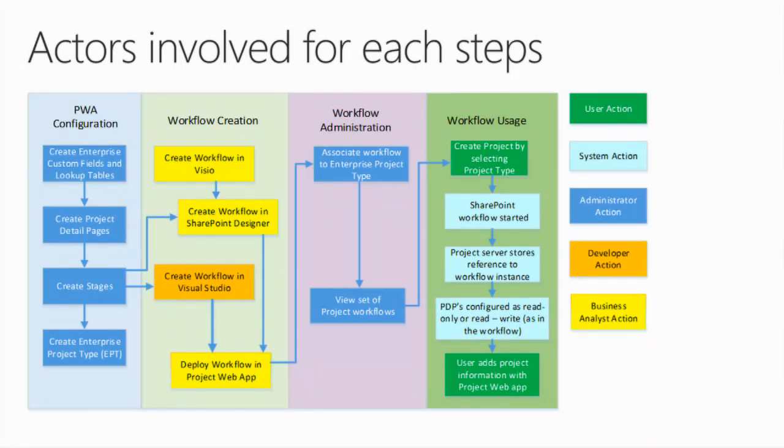And then the system will behave and execute the workflow behind the scenes. So this is done by the different system actions. It will start the workflow, do some checking tests, and move forward in the stages or not. And at the end, it will display the required PDPs for the users.